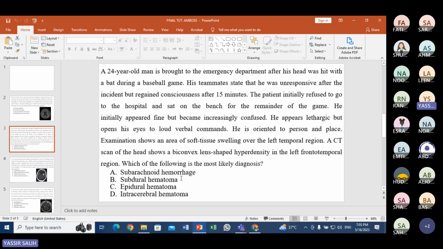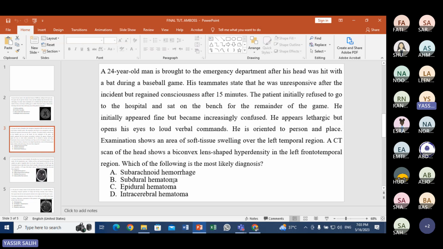And what is the source of bleeding in subdural hematoma? It is also mentioned in the lecture. Venous, of course, not arterial.